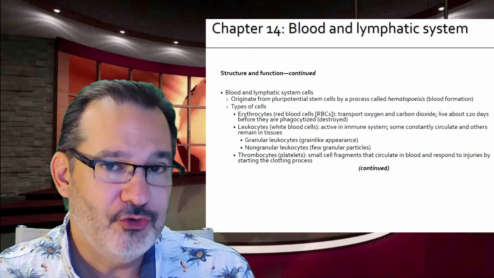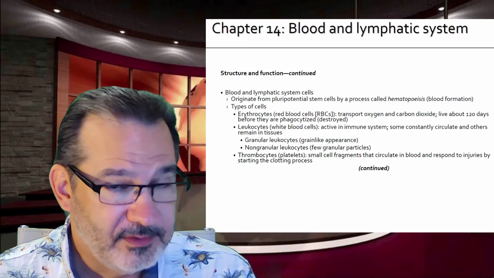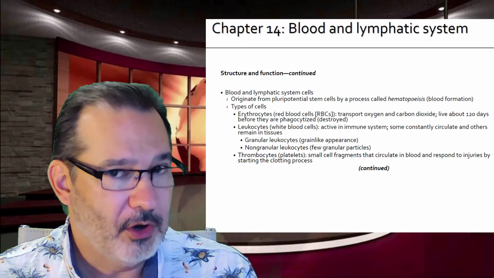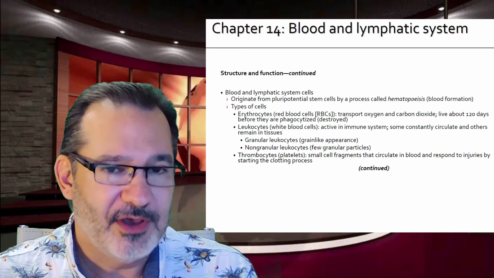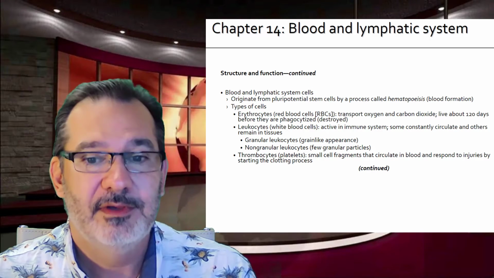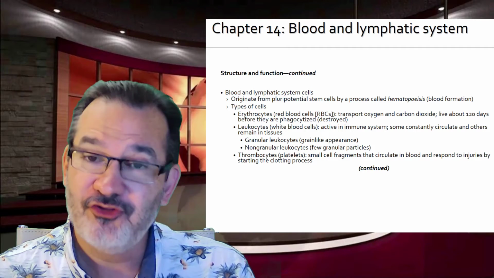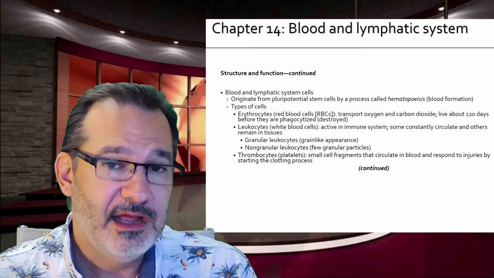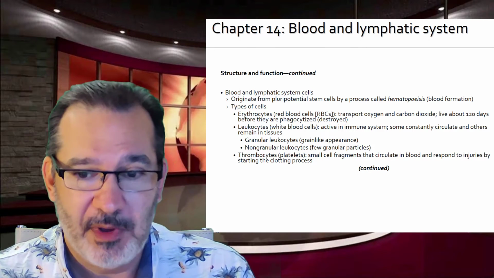Leuko, L-E-U-K-O, or leuc, is referring to white. So erythrocytes are red blood cells, or RBCs. Leukocytes are white blood cells, or WBCs. The red blood cells transport oxygen and carbon dioxide, and then the white blood cells are active in our immune system response.